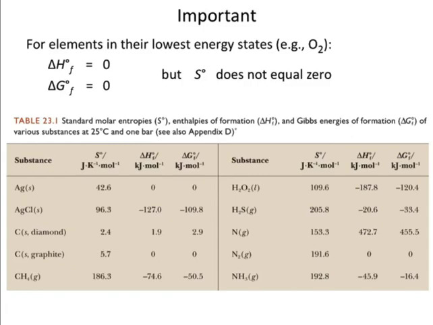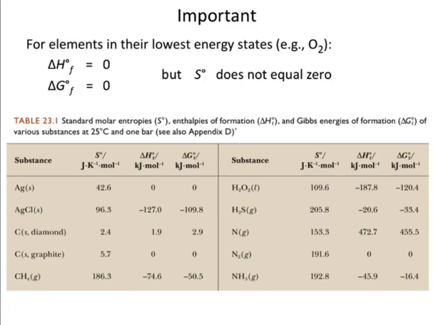So for elements in their reference state, which is the lowest energy states, so for example, O2 gas, delta H of formation and delta G naught of formation are both 0 because that is the reference state, but this absolute entropy doesn't equal 0. So if you look down in this table here, none of these entropy values are 0, but say delta H naught F, delta G naught F, these are equal to 0 when you have a pure element, or you have, say, carbon in its lowest energy state, things like that.